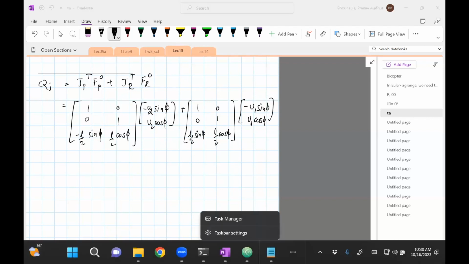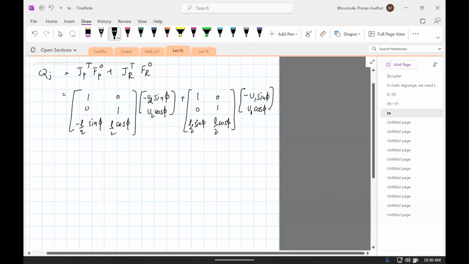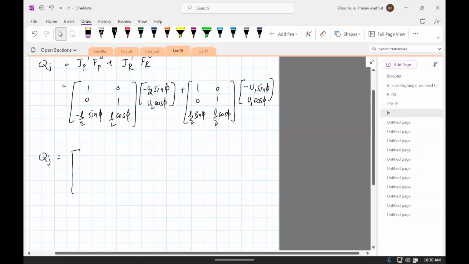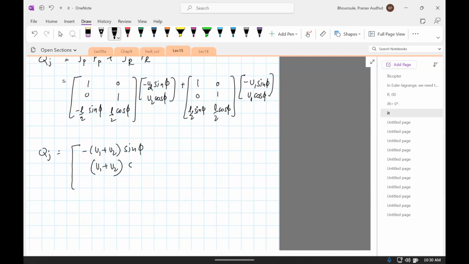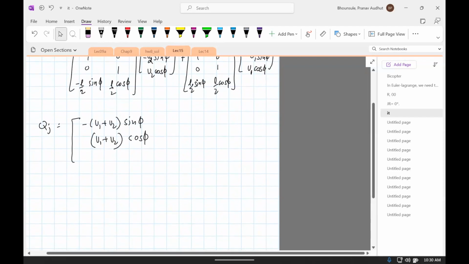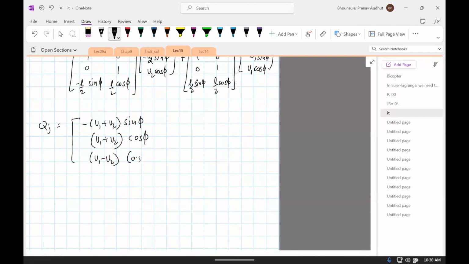Okay, so what we get from this is something like this: u1 plus u2 sine phi, u1 plus u2 cosine phi, and then u1 minus u2 times 0.5 L. So these two are forces in x, y, and this one is the moment in the phi direction.